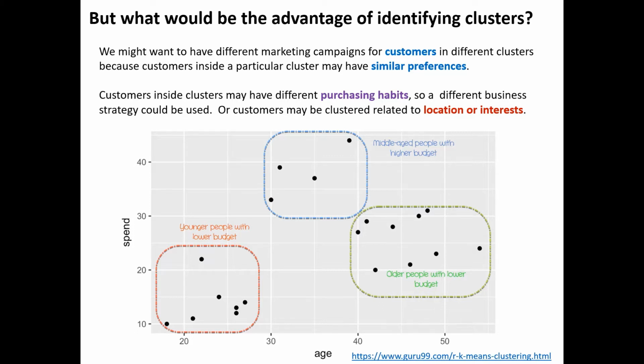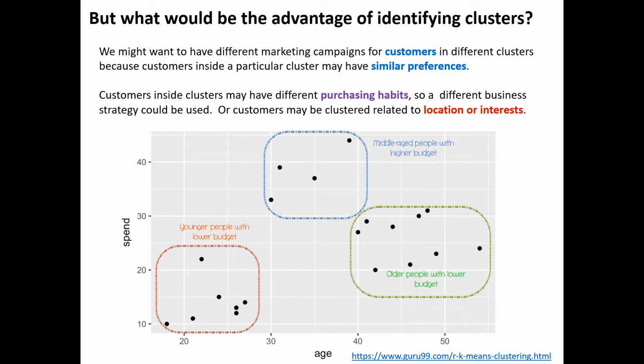But look at this here. So the age is along the bottom and the spending habits is along the top. And they have identified 3 clusters. The lower left one that has a red rectangle around it would represent younger people who aren't spending a whole lot.